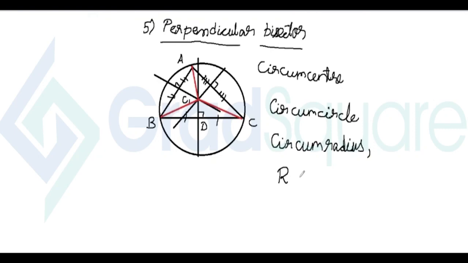And circumradius of a triangle is denoted by capital R. And the formula for finding out the length of capital R is given by abc by 4 delta, where a, b and c are the lengths of the three sides of the triangle. And delta, of course, is still going to be the triangle's area. Okay. So product of the three sides of a triangle divided by 4 times the triangle's area is how we calculate the length of the circumradius. So these are the significant constructions that we can make inside a triangle.